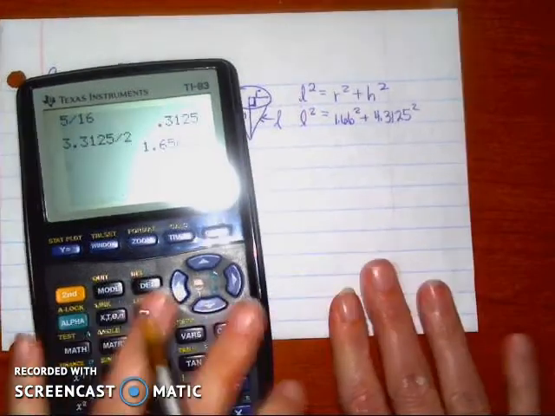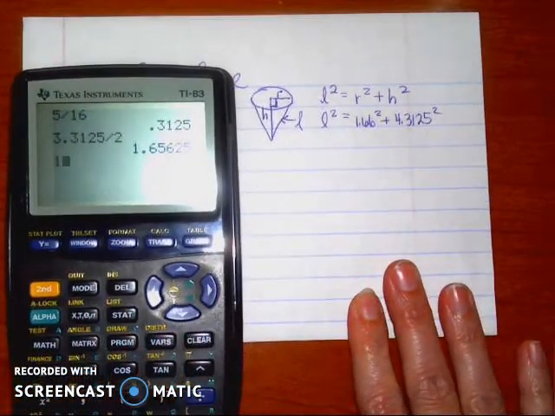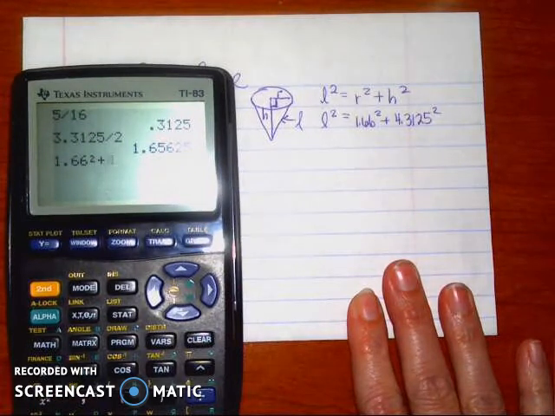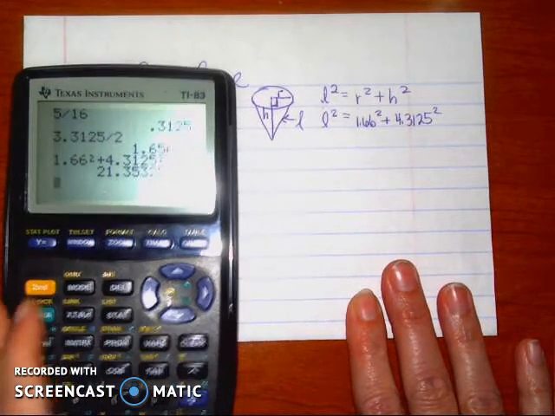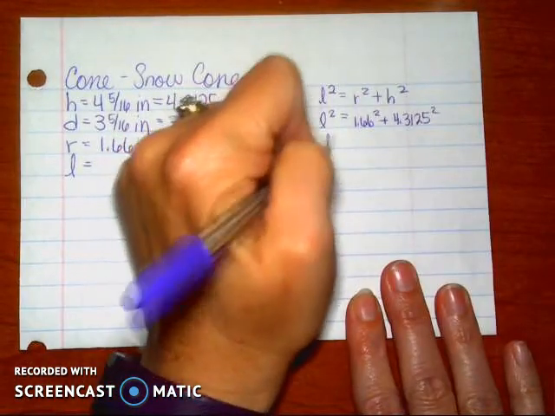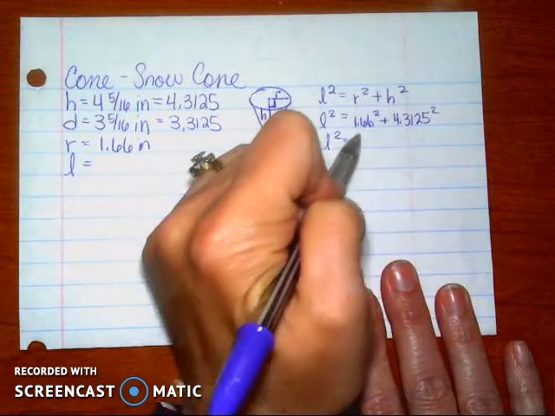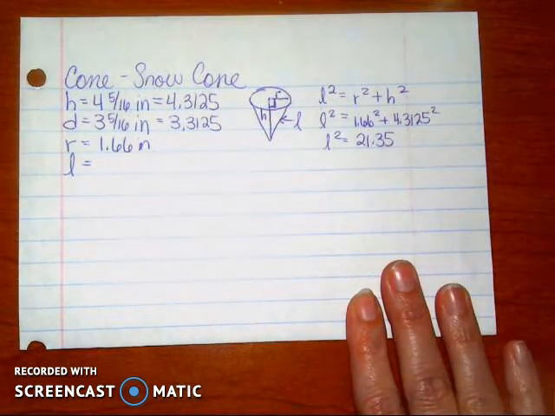So I'm just going to type that into my calculator. 1.66 squared plus 4.3125 squared. And I get 21.35. Now I'm going to leave it as it is in the calculator. So my L squared is equal to 21.35. I'm going to round it here.